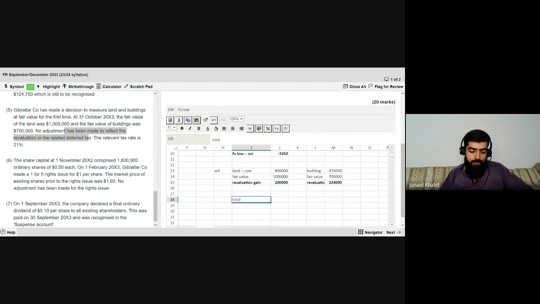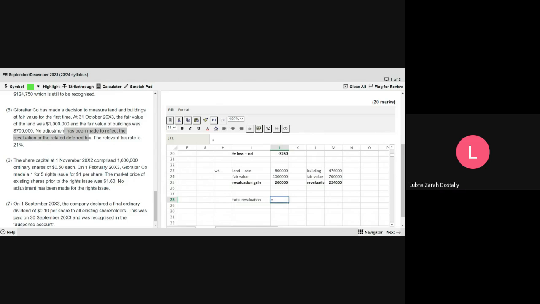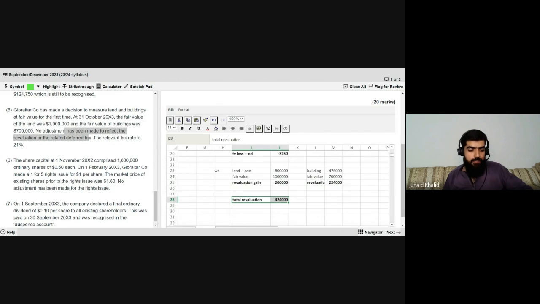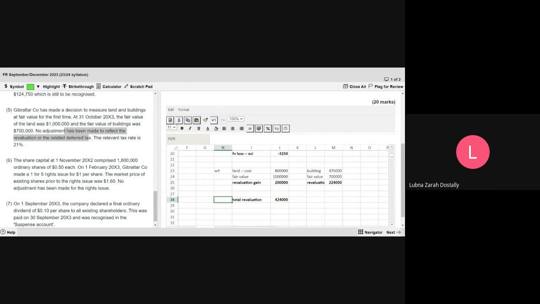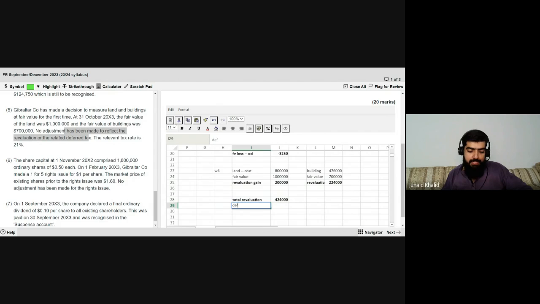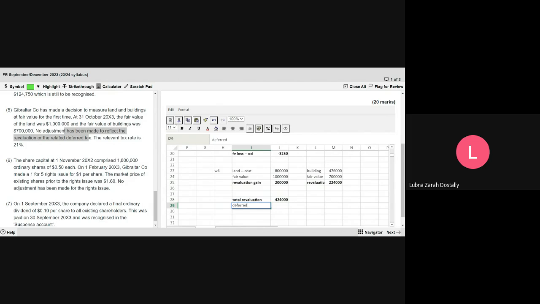Let's calculate the total revaluation. Total revaluation is equal to 200,000 plus 224,000. Is this the correct value? Yes. Now we'll be calculating the deferred tax. Rate 21%.